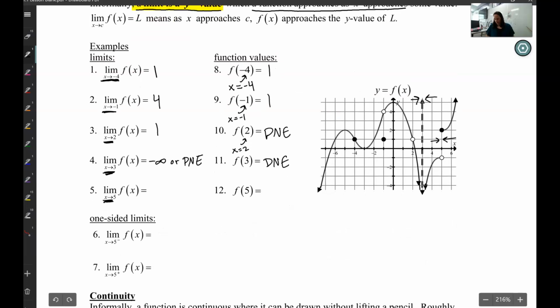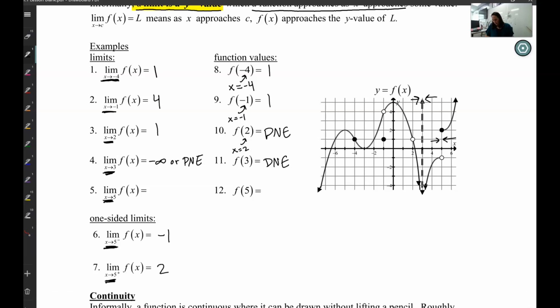And we can see that right here in 6 and 7. So as x gets closer to 5 from the left, that's getting closer and closer to -1. But if I look at as x gets closer and closer to 5 from the right, that little positive symbol, that's getting closer and closer to 2.